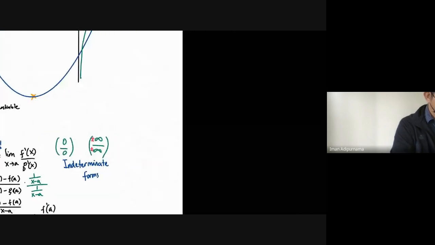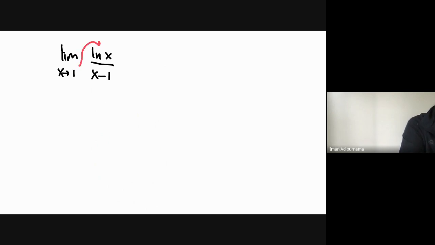Okay, let me give you a few examples, not really that complicated. For example, the limit as x approaches 1. I think this is easy. So first, always check the limit. Check the x. So this will be a 0/0 situation, right? That's why we can directly do the L'Hopital rule.